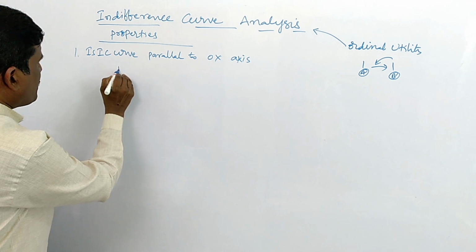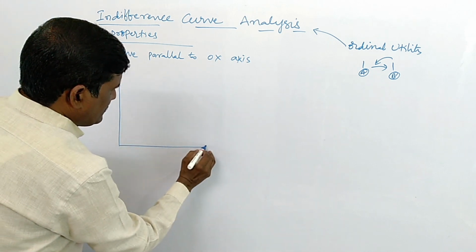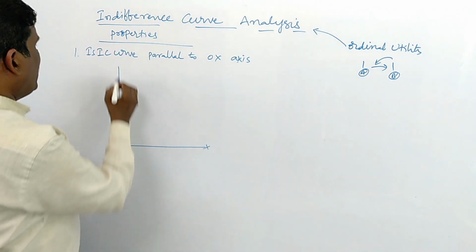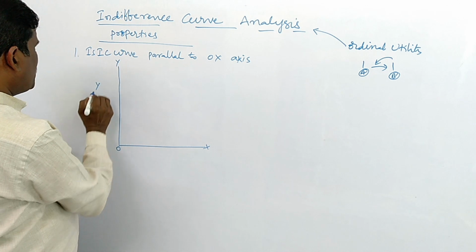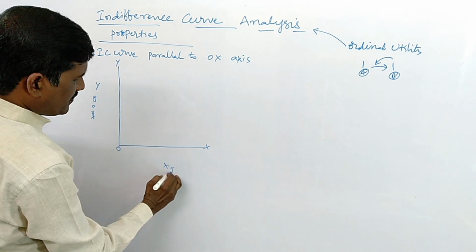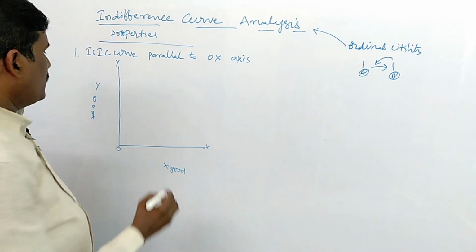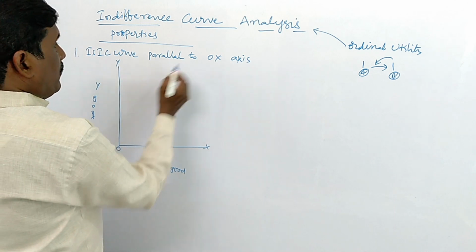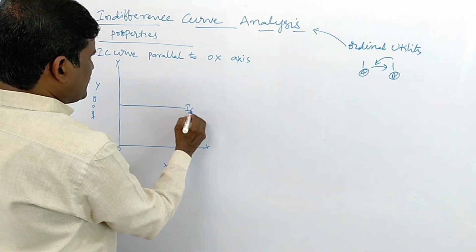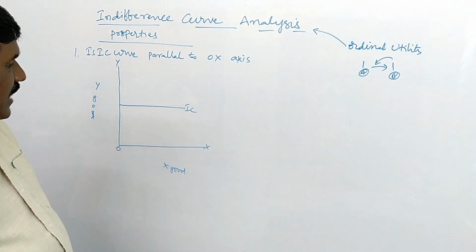Let me say this is the OX axis and this is OY. This is Y good and here X good. Here, parallel to the OX axis, this is the IC curve.